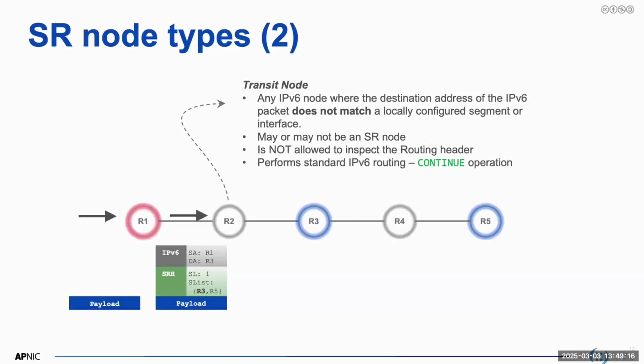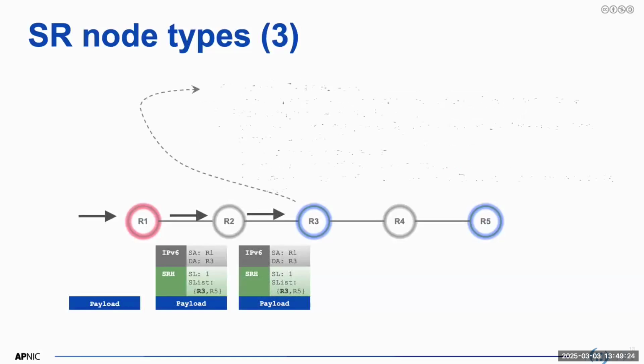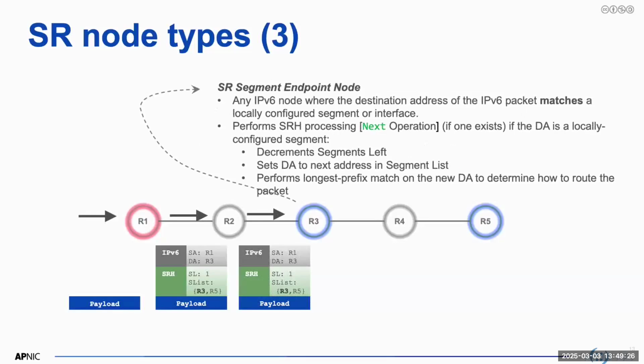It receives the packet and forwards it to the next node. When the next node receives the packet, it will check. This is the segment endpoint node. This could be a node in the middle, or it could be the ultimate node as well. The segment endpoint node is a node which sees its destination address is the same as its own address.